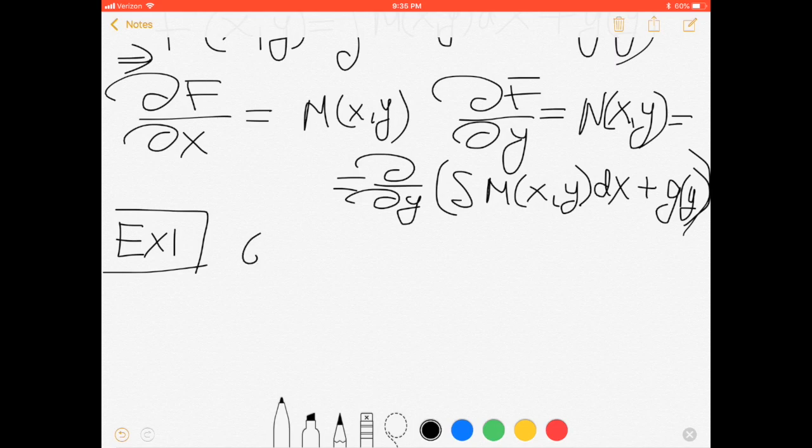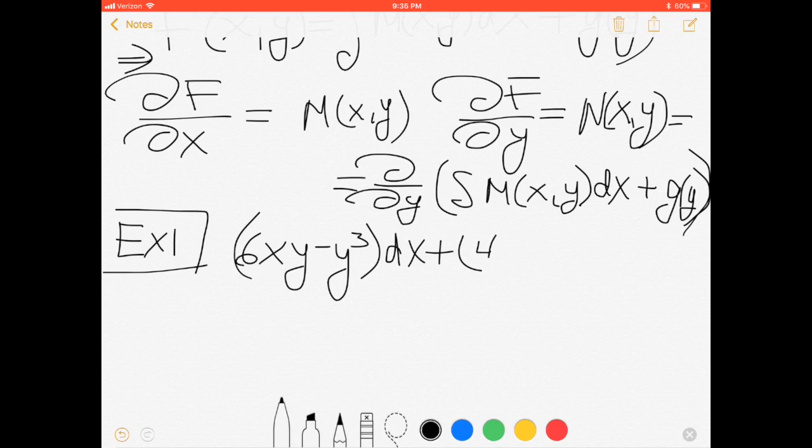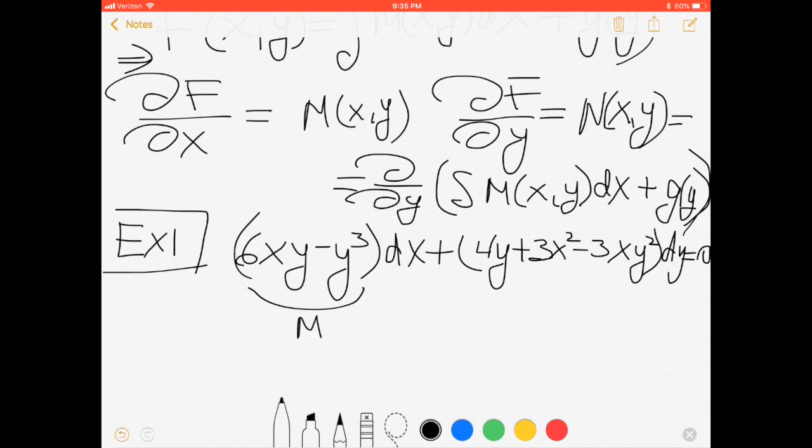Let's go, we have this kind of function: (6xy minus y cubed) dx plus (4y plus 3x squared minus 3x y squared) dy equals 0. Okay, this one is our function M. This one is our function N.